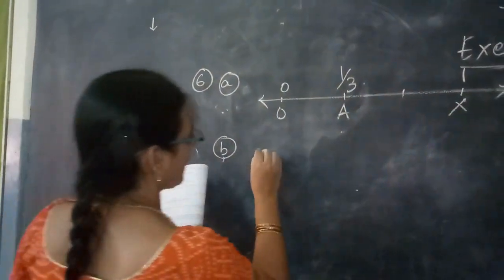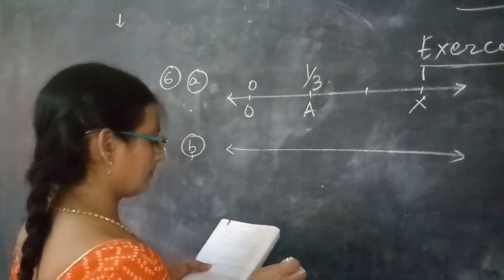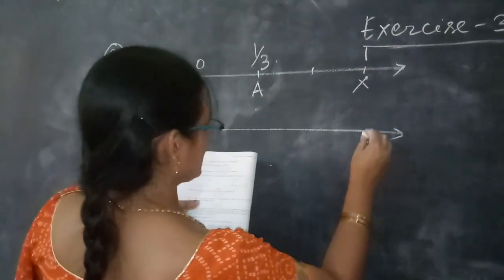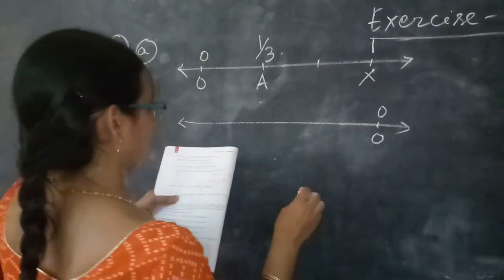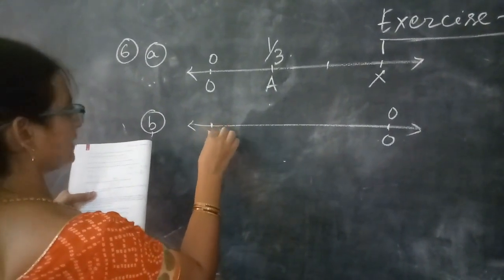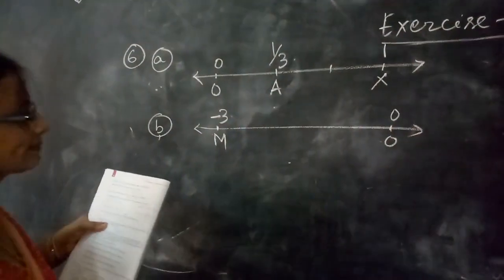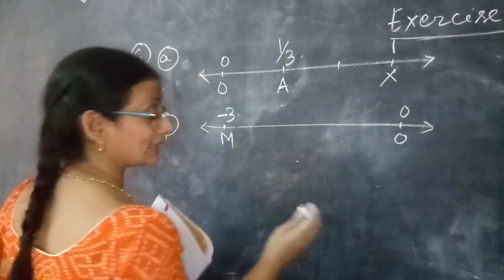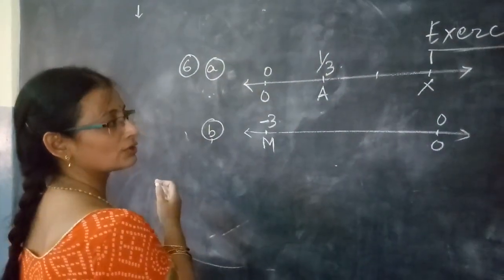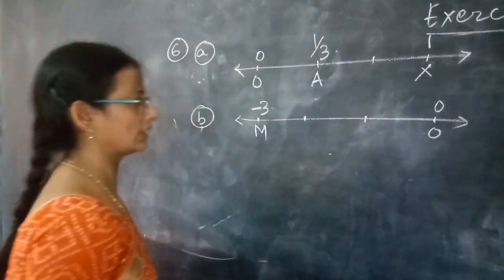B. This 0 represents O and M represents minus 3. The numbers to the left of 0 are negative numbers, so you will get a negative number surely.